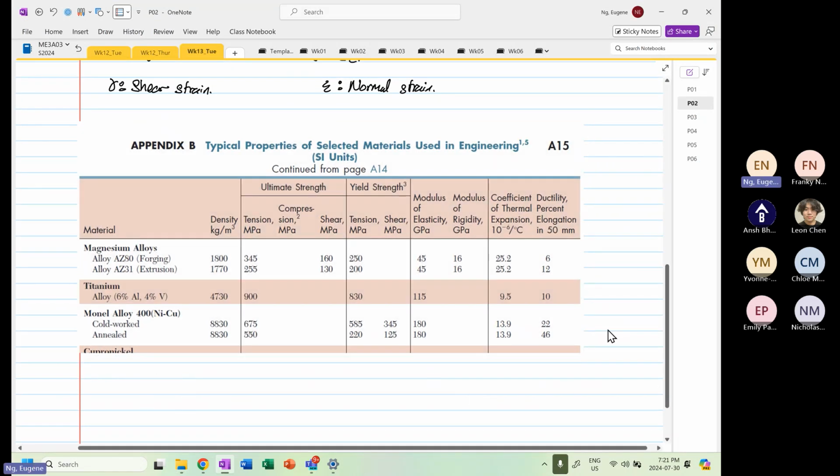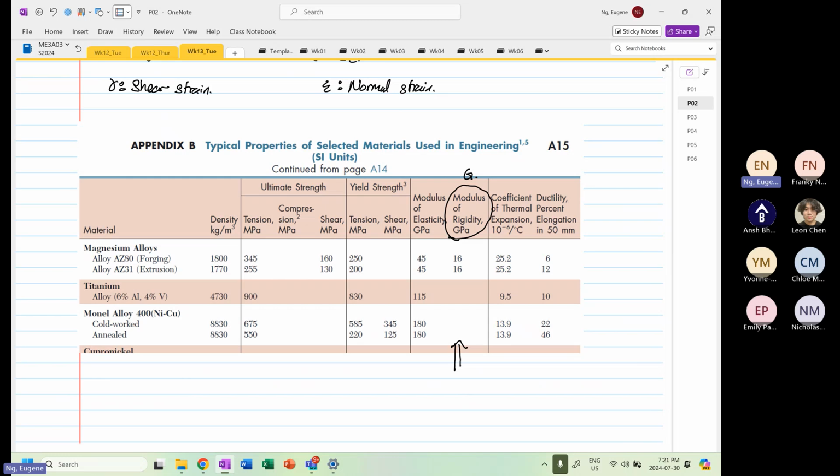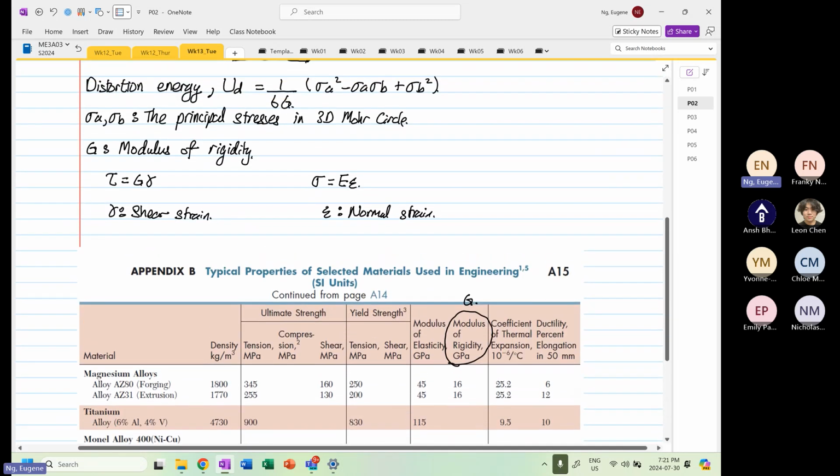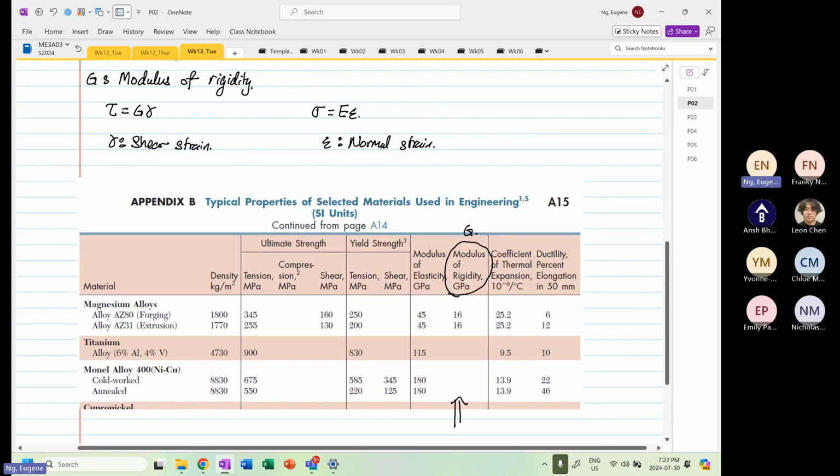You can see this line over here, this is the modulus of rigidity, which is G. It is used to calculate the relationship of shear strain to shear stress. It's equivalent to our Young's modulus. That value is from the Materials Handbook, as you saw where I got it from.